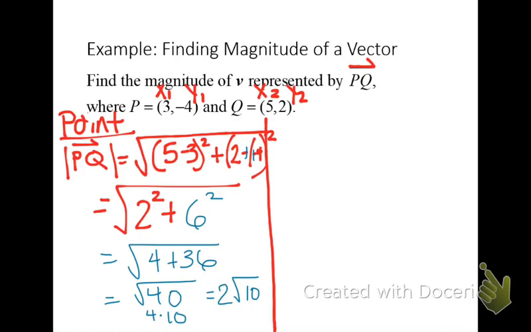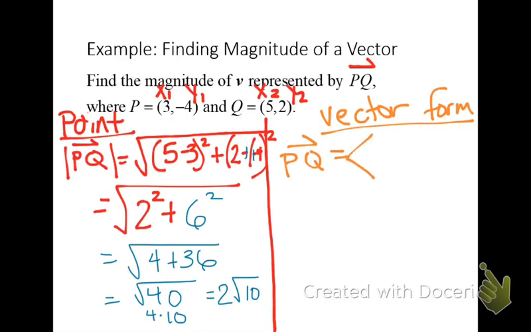And so let's go and do it using our vector form. We should get the exact same answer. So with vector form, first we have to go find what my vector PQ is. So my vector is going to be my 5 minus 3, and then our 2 minus a negative 4. We'll include that value.